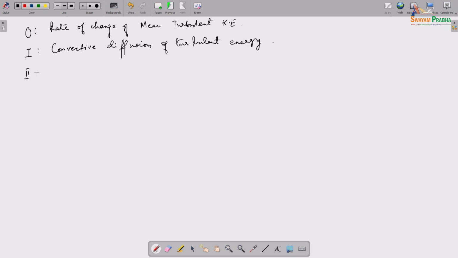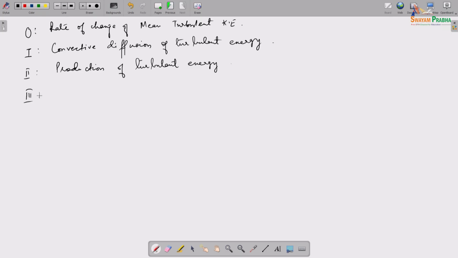The second one is production of turbulent energy.